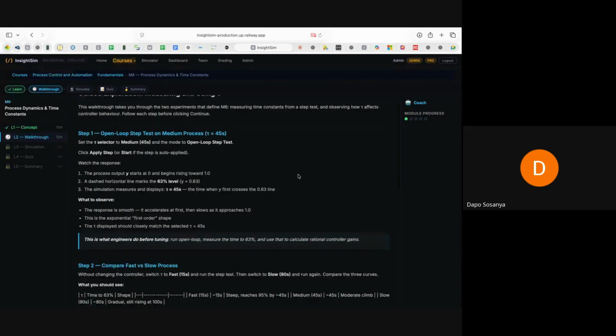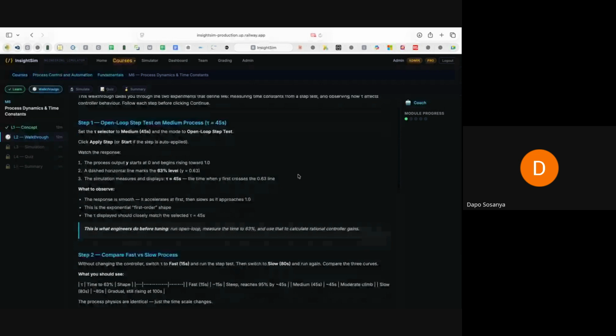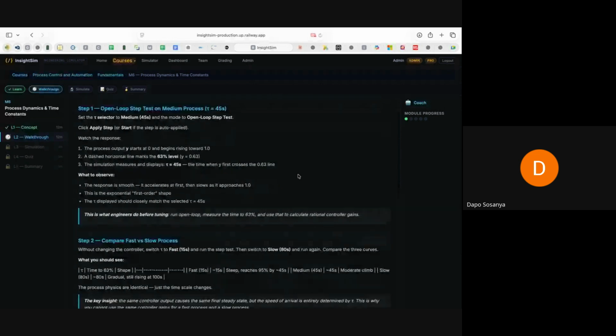And you'll begin to see the value of this simulator, right? The simulator is not designed just to give you that adrenaline jump, or I program the PLC and I see it's working or whatever. It takes you into the fundamentals, the behind the scenes.